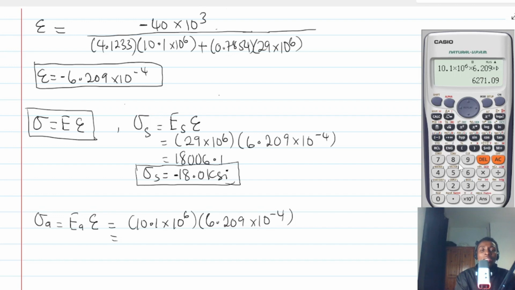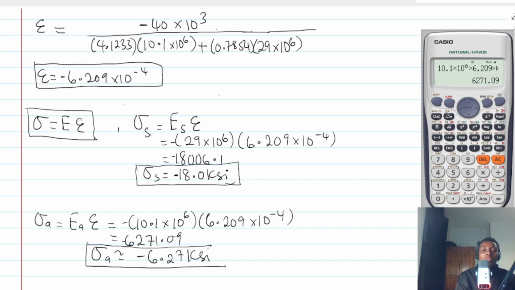And that is 6,271.09. So approximately sigma A will be minus 6.27 KSI.